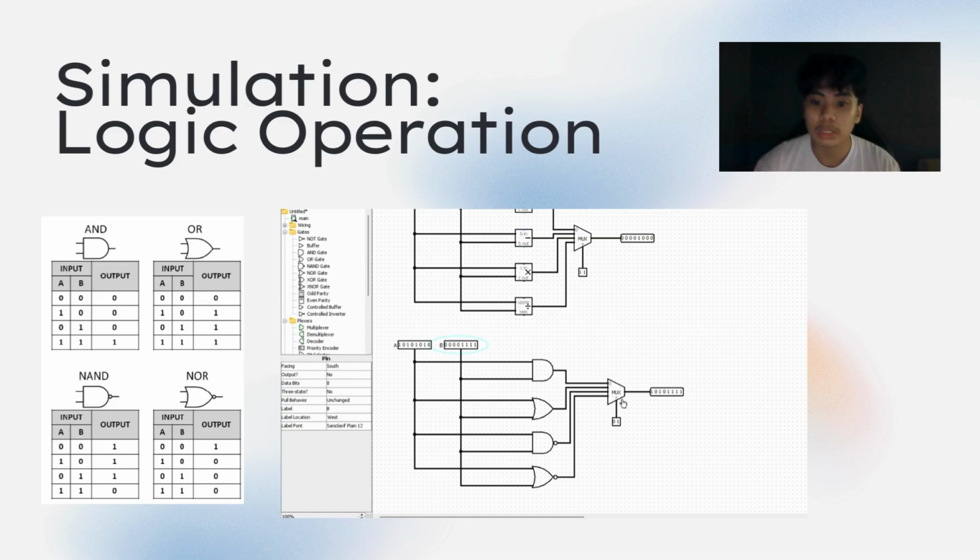Now let's try the NAND. As you can see, with the inputs A and B, our output is 1 1 1 1 0 1 0 1.